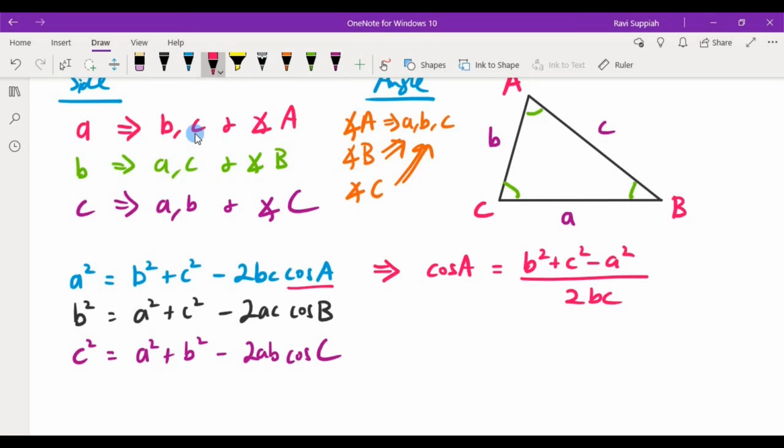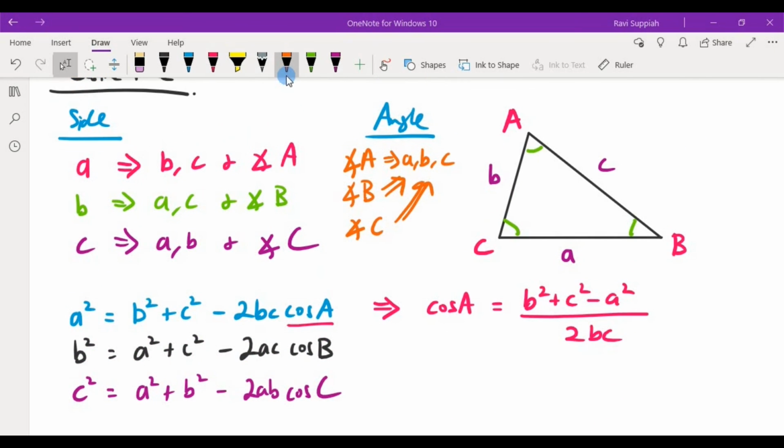So you can see that to find A, I need to know all three sides. And then of course, after I find cos A, I do the inverse cosine to find the actual angle A.